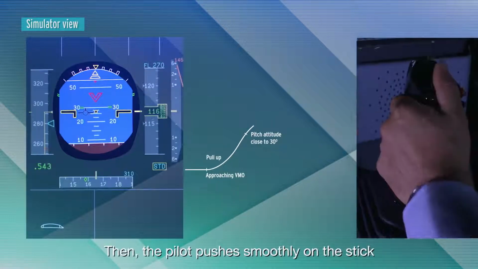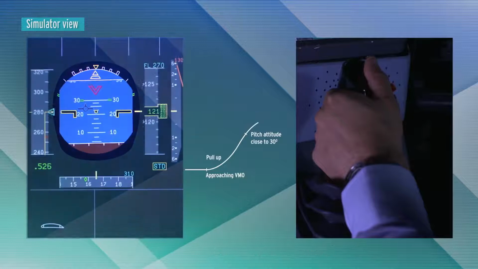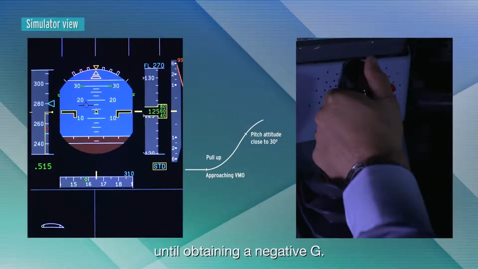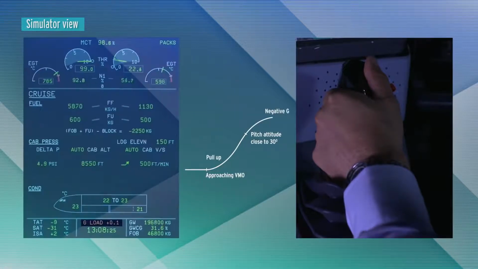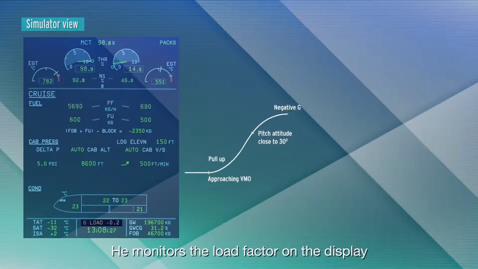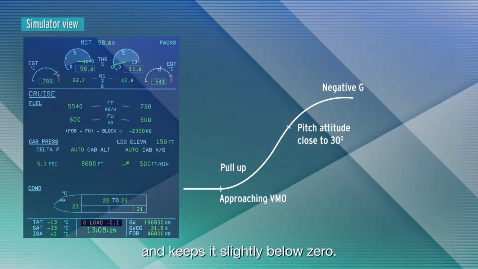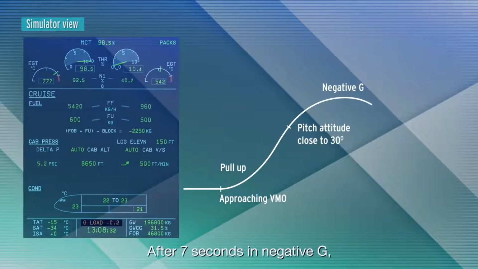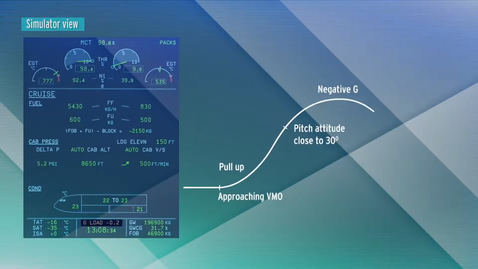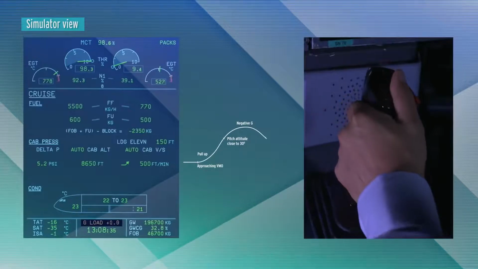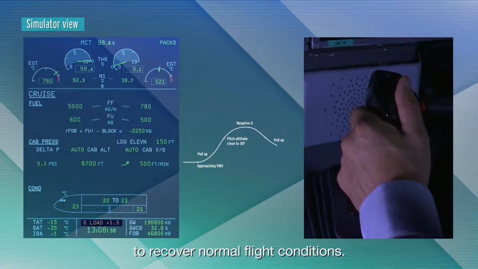Then the pilot pushes smoothly on the stick until obtaining a negative G. He monitors the load factor on the display and keeps it slightly below 0. After 7 seconds in negative G, he slowly pulls on the stick to recover normal flight conditions.